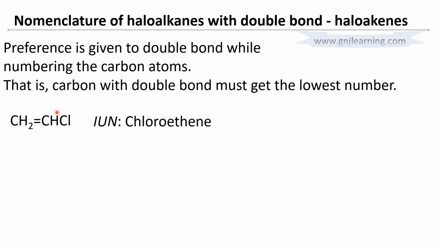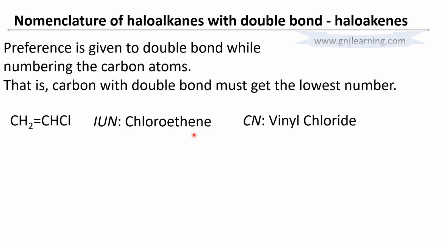This is the first member of that group. Hence this compound itself is named in common naming as vinyl chloride. So vinyl chloride is the first member of the group where the carbon is sp2 hybridized. Vinyl chloride means chloroethene.